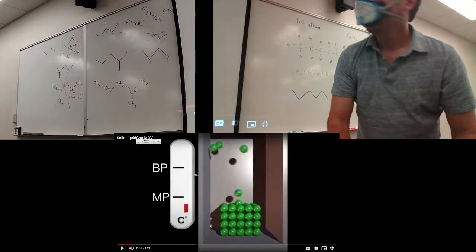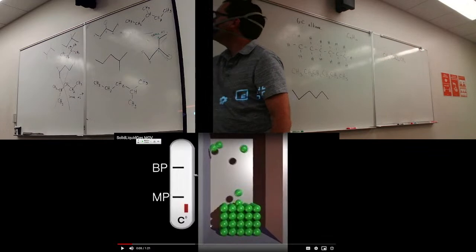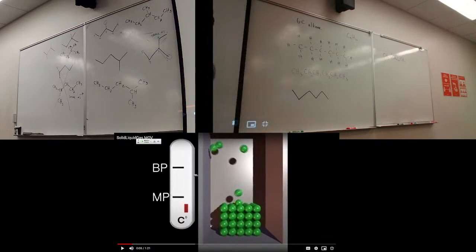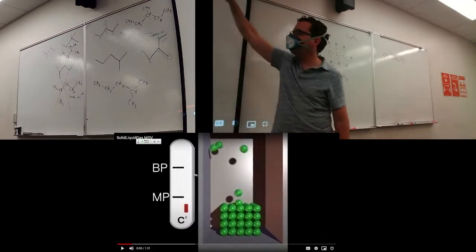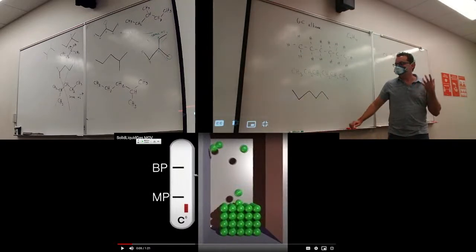Going back, this is a solid. You can see the atoms are kind of unmoving, but there's still all these green atoms that are flying around. And this is something we don't often think about, but even if something is a solid, even if it's at the temperature at which it should be a solid, every solid is still emitting a little bit of vapor. It's wild to think that that's really happening, but everything that is a solid is still emitting vapor.